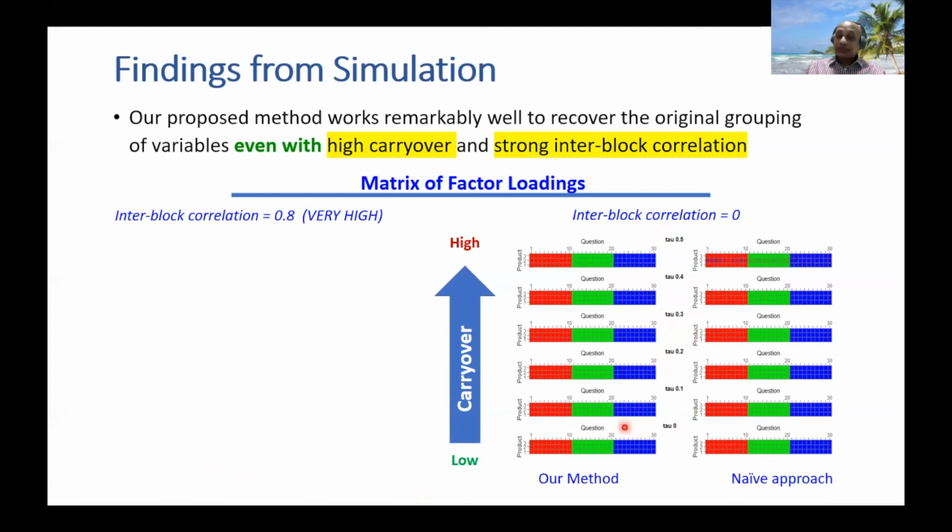The left column represents results from our proposed method, and the right column represents results from the naive factor analysis method. In this case, the naive factor analysis method and our proposed method work almost equally well, as we can see from the heat map.